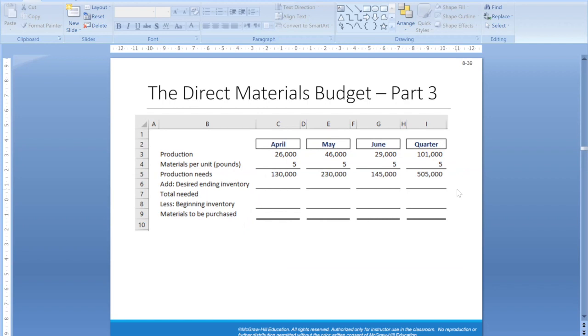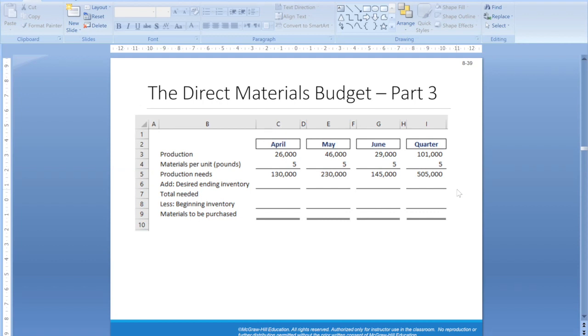So the second line will be 5 materials per 1 unit of production, 5 pounds for 1 unit of production needed to produce these finished goods. So 26,000 multiplied by 5, the production needs of materials is 130,000 pounds of materials. Okay.